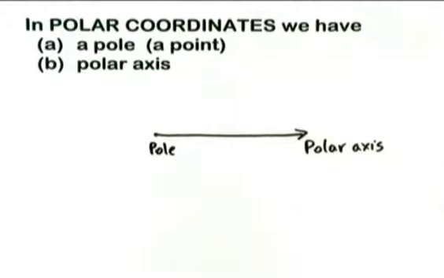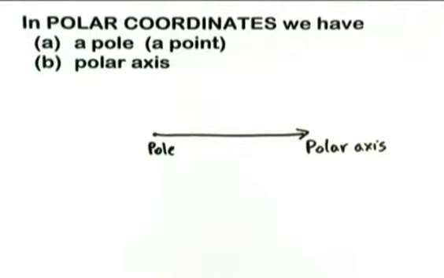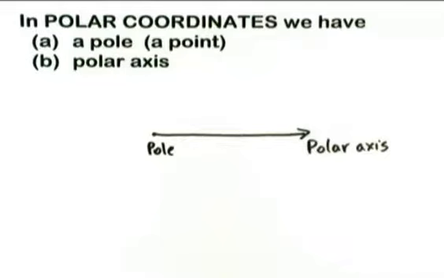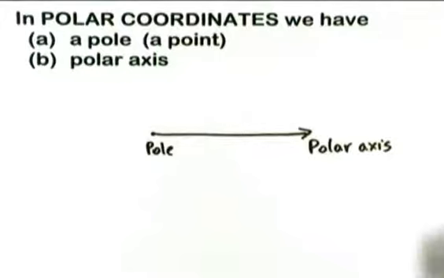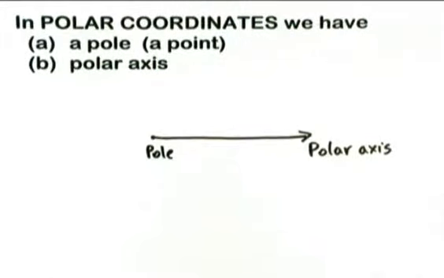Usually that polar axis is the positive x-axis. So this is the polar coordinate system. We have a pole and we have an axis.